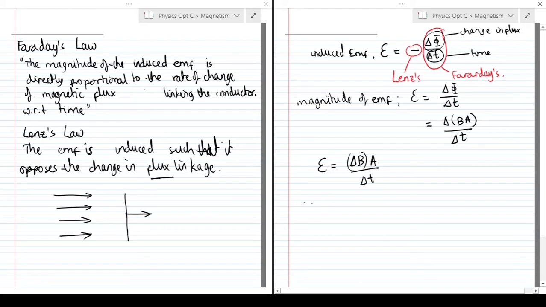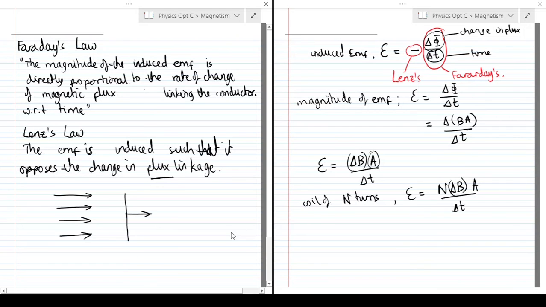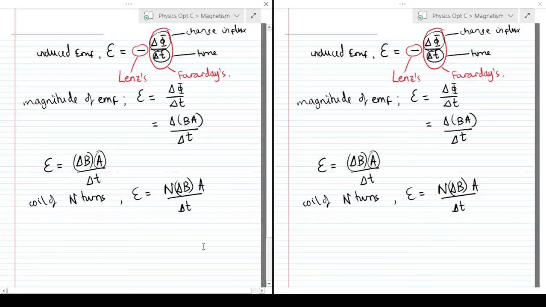Now for a coil of n turns, you would have to multiply the effect by the number of turns, because each loop of the coil has an area A, and each loop is experiencing that change in magnetic flux density. So for a coil of n turns, you typically have to use this formula: n delta B A divided by the time taken, right? I do have a couple of questions to add on where I actually apply this formula.